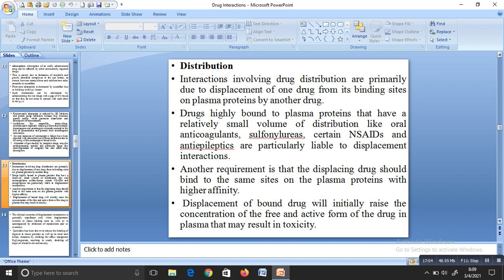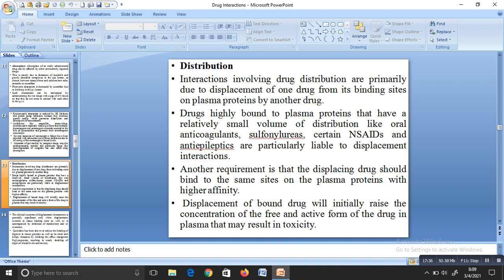What will happen is the displaced drug will produce the drug interaction. This we can see with drugs which are highly bound to plasma protein, like oral anticoagulants, sulfonylureas, NSAIDs and anti-epileptics. So which are the drugs mainly involved in drug displacement interactions? Oral anticoagulants, sulfonylureas, NSAIDs and anti-epileptics.